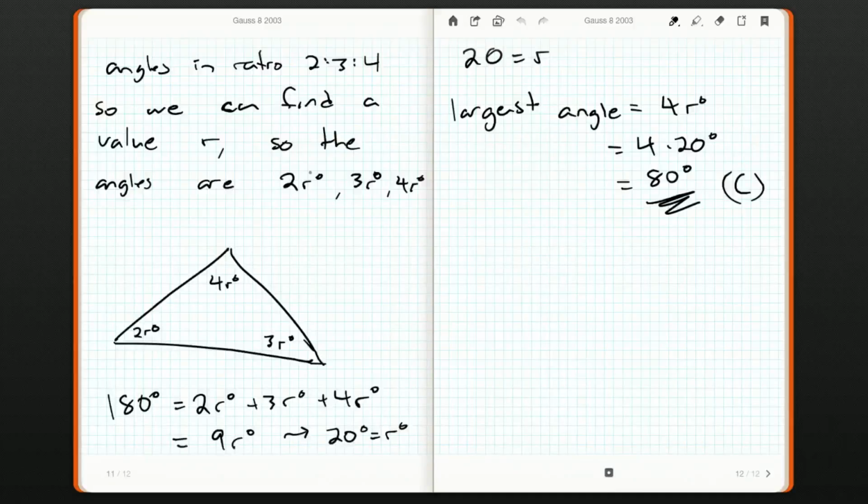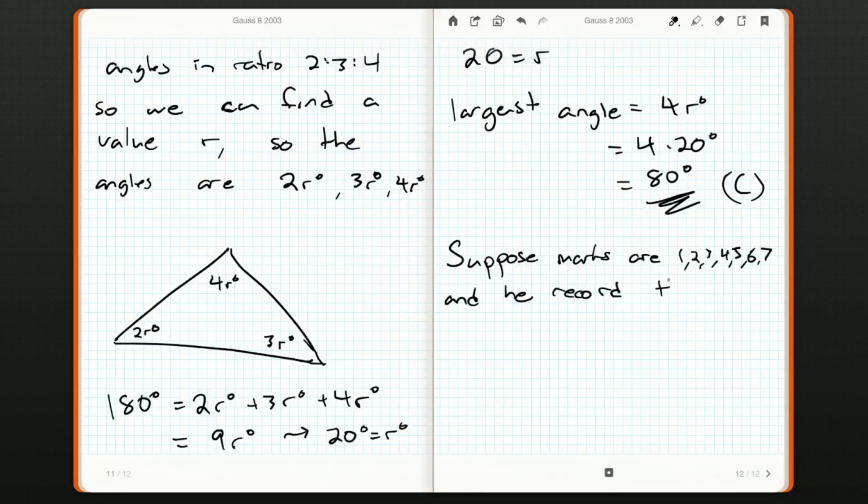So let's suppose his marks are 1, 2, 3, 4, 5, 6, and 7, and he records the 7 as, let's say he screws up and does 17.